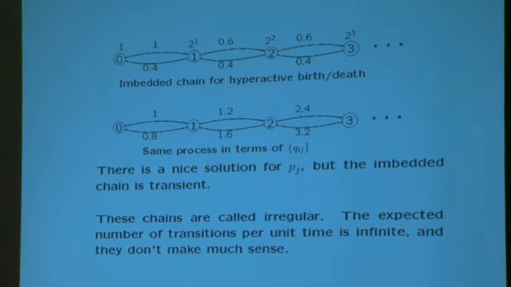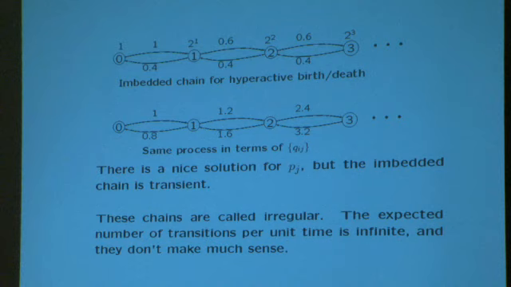Okay, so you can see this when you look at the embedded chain. The embedded chain is transient. You're moving up with probability 0.6, you're moving down with probability 0.4, so you keep moving up. When you look at the process in terms of the transition rates q sub ij, the rates going up are always less than the rates going down.